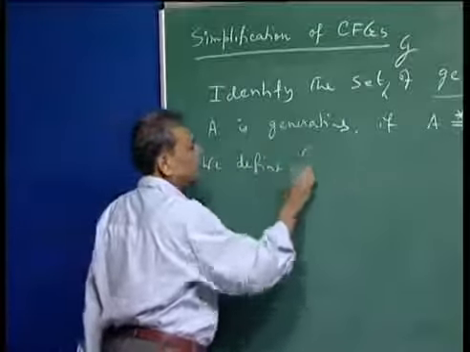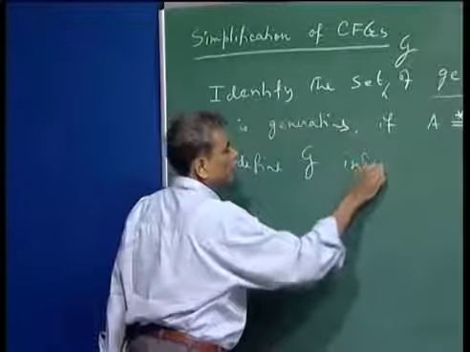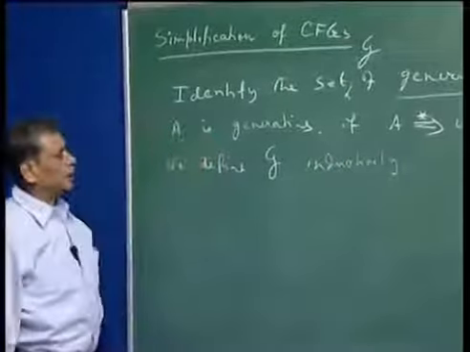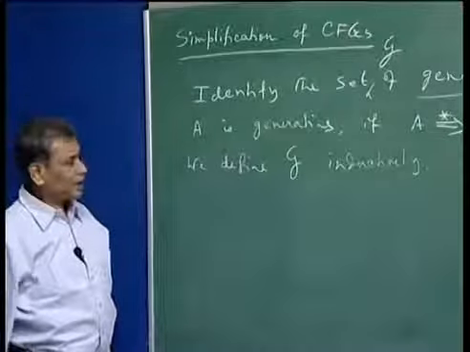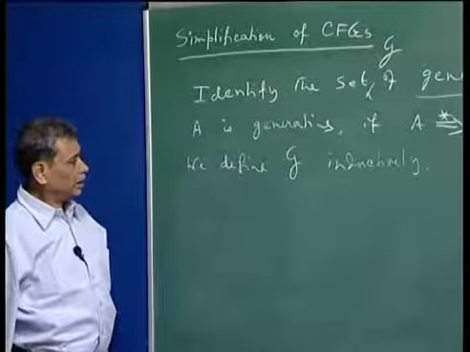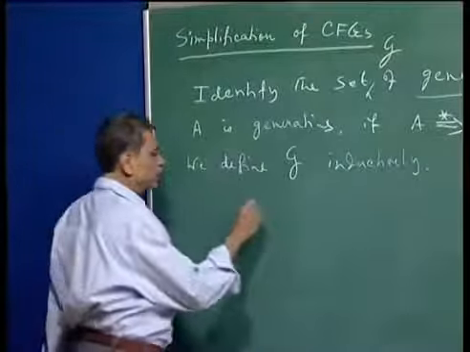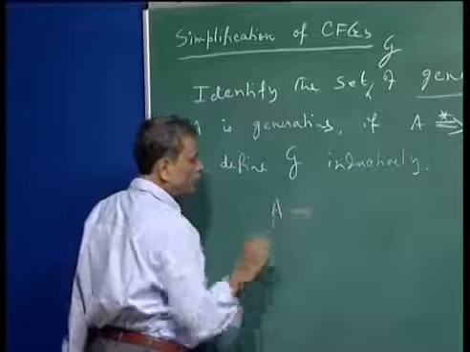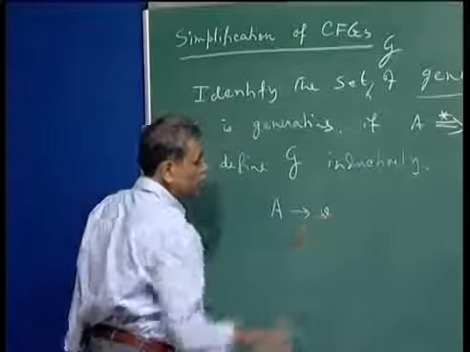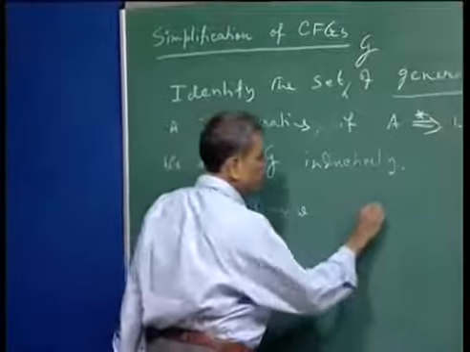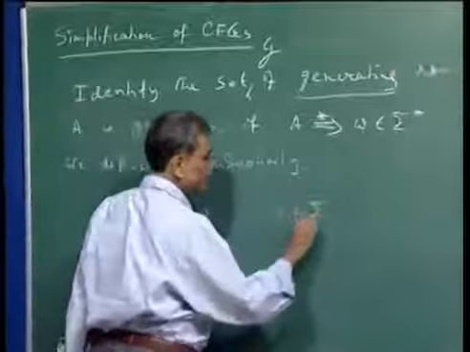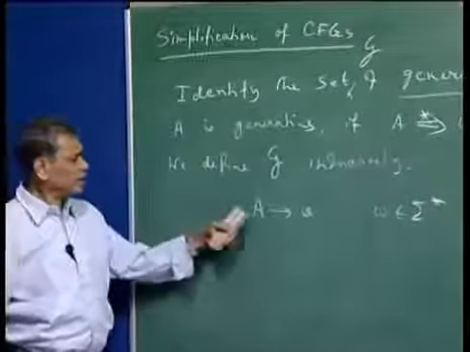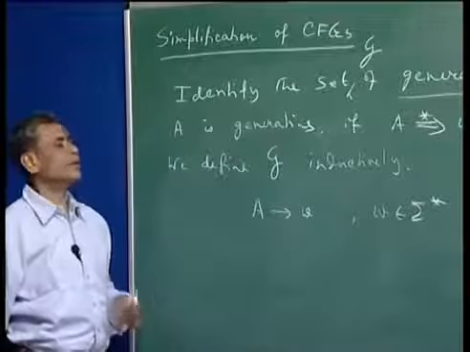And again, we define G inductively. What is the base case? Suppose I have a production of the form A goes to w, where w is in sigma star. Then clearly this non-terminal A is a generating non-terminal.